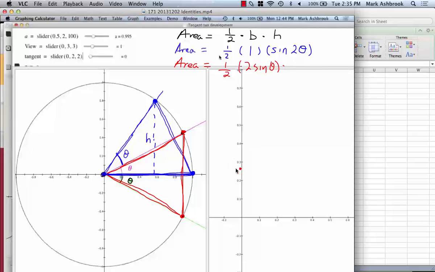Okay, and then what about the height? Why is that the height, cosine from where to where? From the base to the center. What does cosine measure?